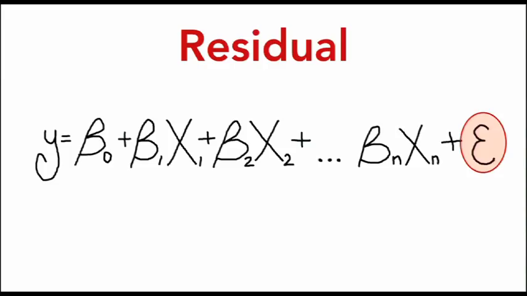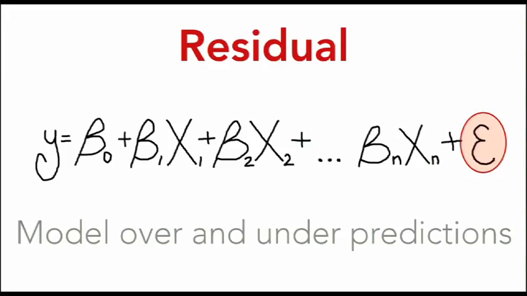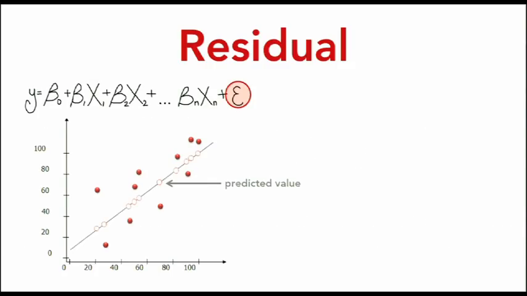And then finally, we have residuals. Residuals are the model over and under predictions. Essentially, when we create a model, we are creating this predicted line, based on all of those values that we know. We have a predicted value and an observed value. We know the true value of Y, and then we have the value of Y that we predict based on our regression model.